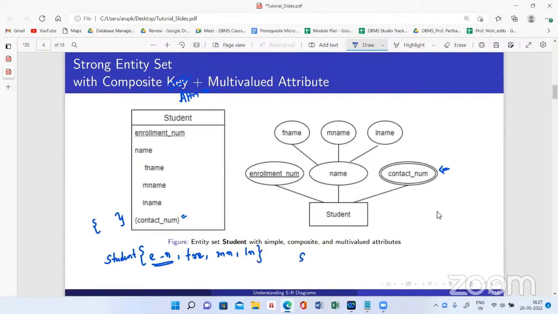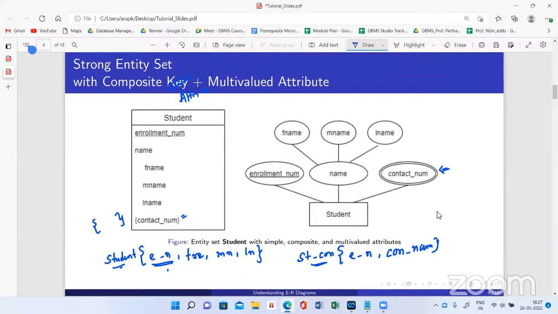So I can have the student contact table with enrollment number and contact number. For the first student table, we directly got the enrollment number as the primary key, no issues. But for the student contact table, the enrollment number can be repeated.